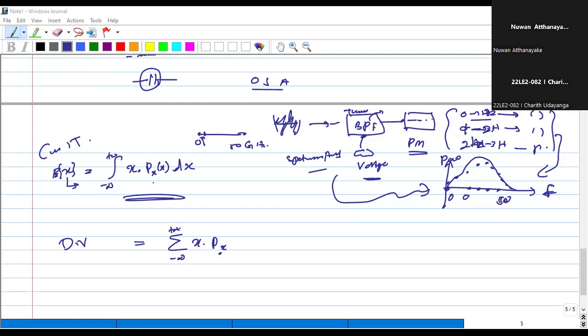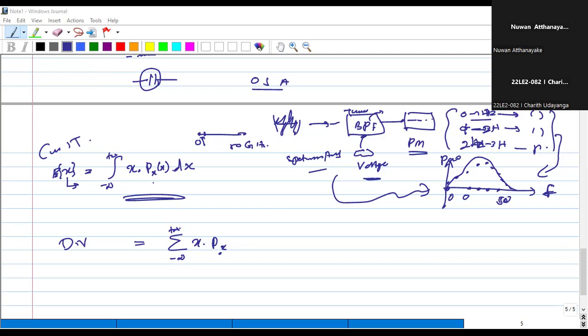This is for a discrete variable, x into p(x), x into probability. And for a continuous value, it should be an integration. Expected value formula for continuous value, maybe discrete random variable.